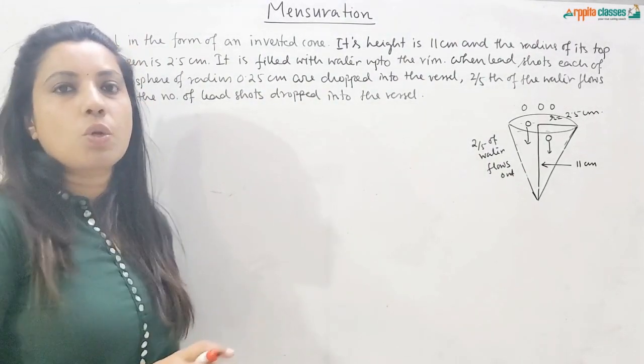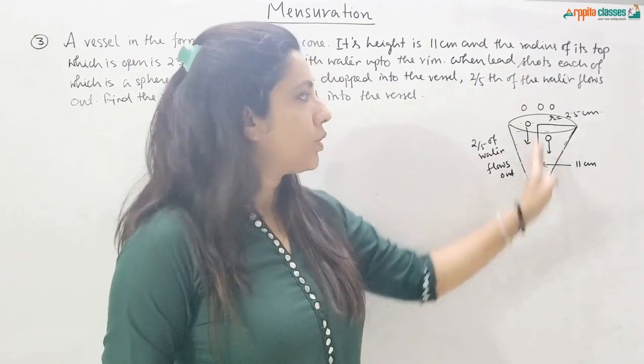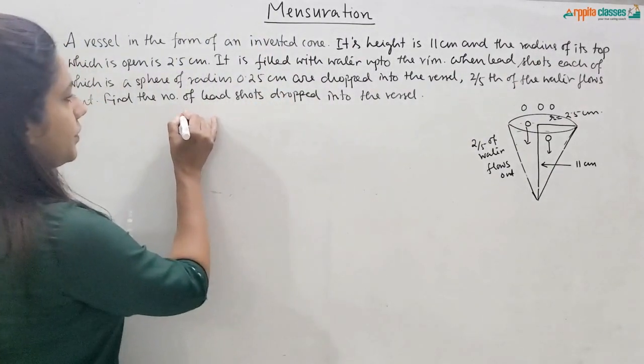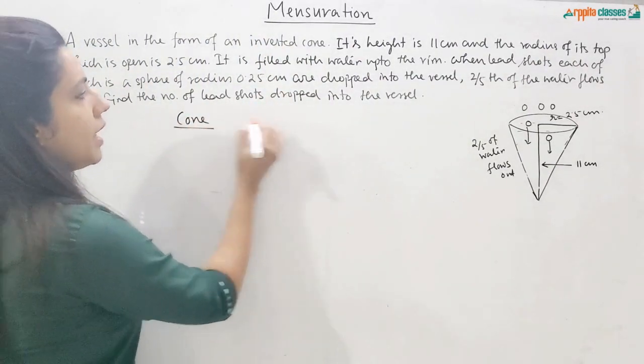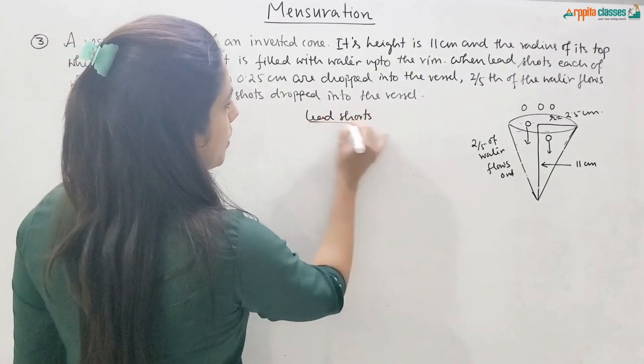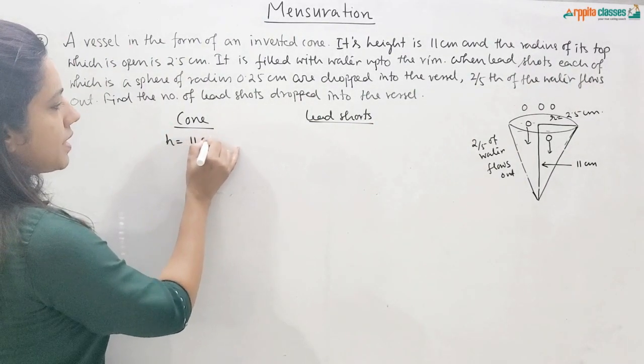So again, this is based on Archimedes principle, that is the volume of the lead shots will be equal to the volume of the water which is flowing out. Okay. So here we have one cone and the other thing is lead shots. We are making two columns and writing down the information given. The height of the cone, h, is 11 centimeter.